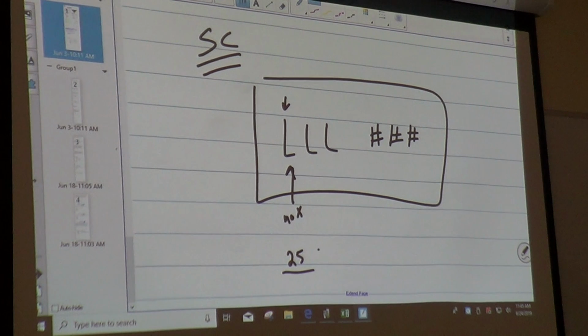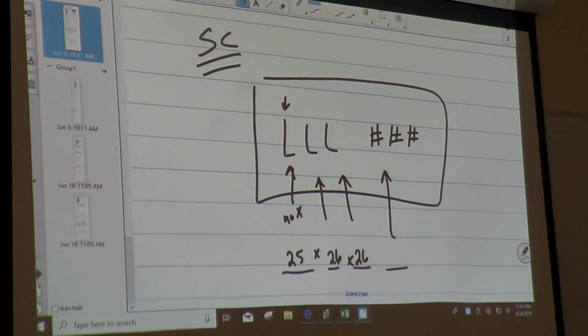Okay? How many choices do I have for this one? 26, because I can use every letter in the book. How many letters do I have here? 26. How many numbers do I have? 0 through 9, which is 10 numbers. How many numbers here? 10, and how many numbers here? 10.